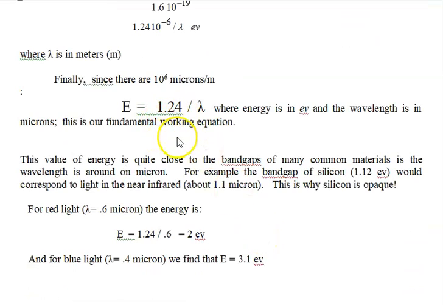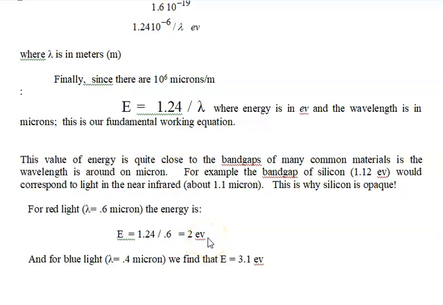Now this number works out for a broad range of lambdas, and is very close to the band gaps of many common materials. For example, red light has a wavelength of about 0.6 microns, so its energy would be about 2 eV.